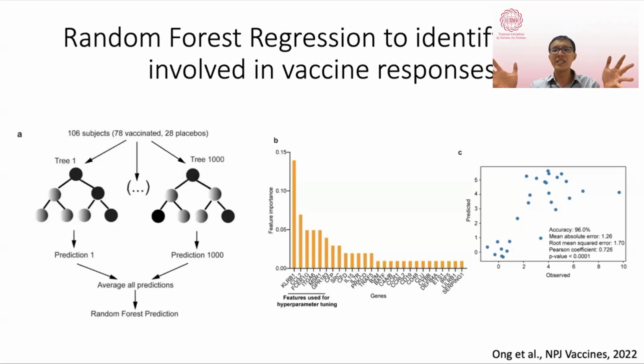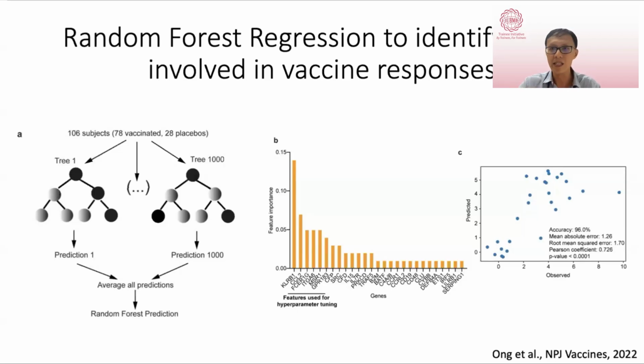By building these trees, we identified 6 genes that are predictive of the antibody response to the vaccine. And based on these 6, we can see that the prediction is very good. So rather than looking at which gene is associated with antibody response, now you are looking at 6 genes which more accurately predict the antibody response, which is not possible to do if you are using Excel, for example.